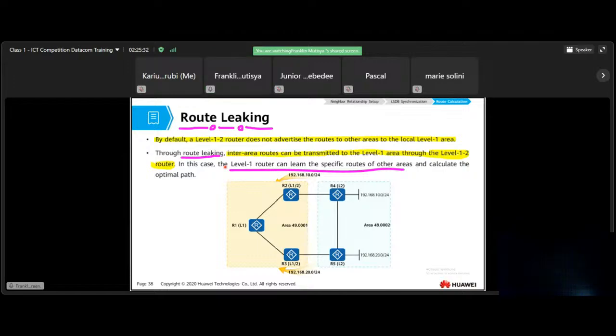Now, by default, a level 1-2 router does not advertise the routes of other areas to a level 1 router. Say level 2 routers are routers that are in the backbone area. And to connect a backbone area router, like a level 2 router, to a level 1 router, which is a non-backbone router, traffic has to pass through the level 1-2 router.